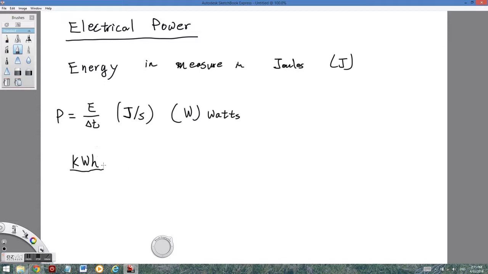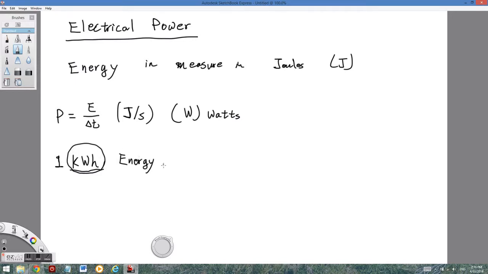This is a unit only used in domestic power companies. So kilowatts hour means the energy. I know it's confusing. The energy, say 1 kilowatt hour.